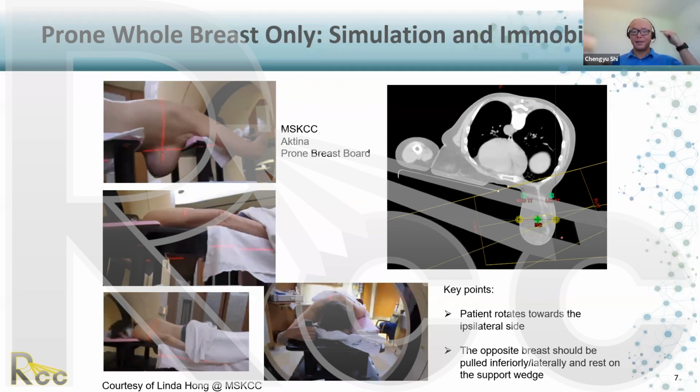We published a paper based on physical dimensions, measuring the distance of the heart to the chest wall and breast separation, but it still depends on the patient. If you can, supine is definitely the popular one, but if you cannot, consider prone also.